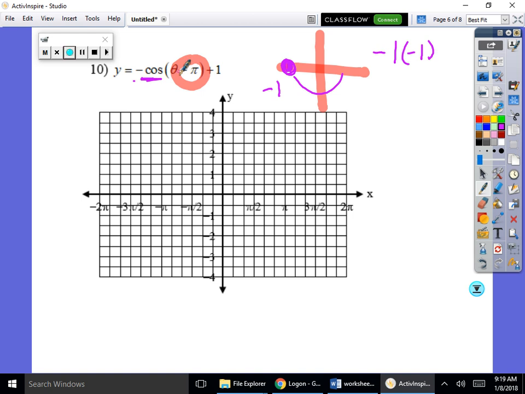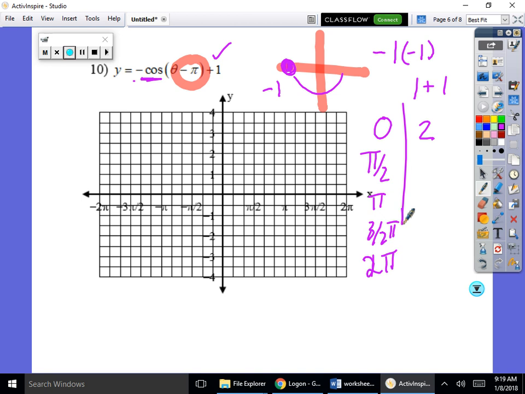So -1 times -1 is 1, and then they want me to add 1. So that is 2. So 0 is 2. Okay? Pi over 2, pi, 3/2 pi. This first column doesn't change unless it gives me the same answer, okay?